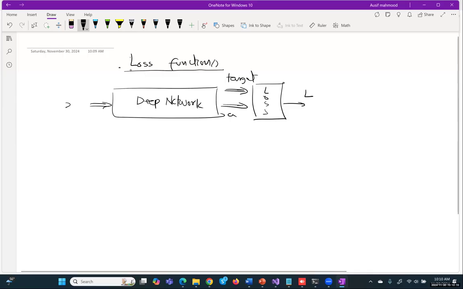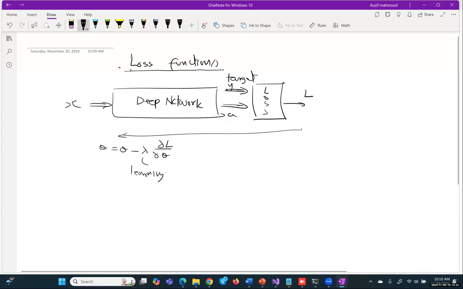And so typically we denote X as our input, Y as our target. And so the loss function compares the actual output with the target and sees what's the difference. And then we'll go back, and based on partial L over partial theta, it will adjust all the parameters according to the gradient descent algorithm and some learning rate, right?